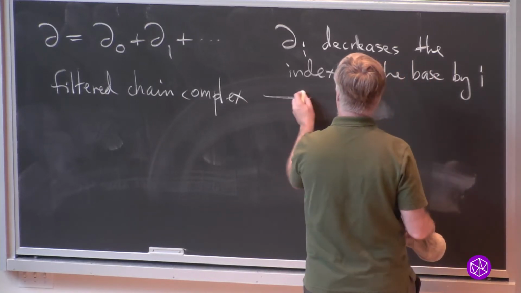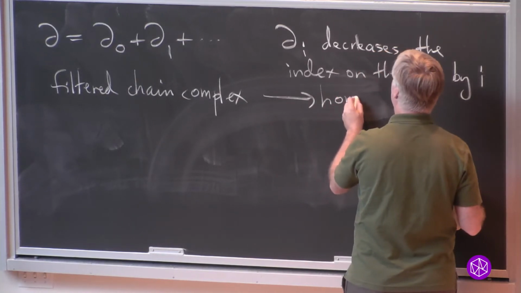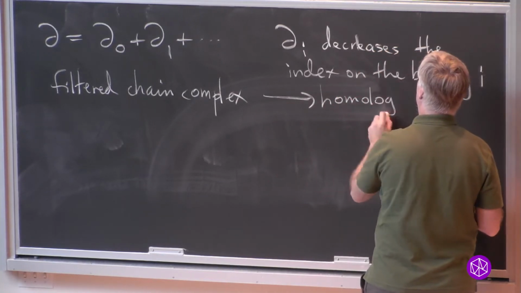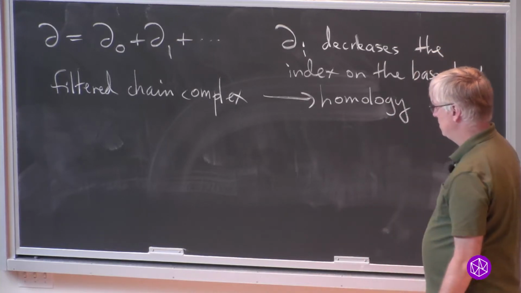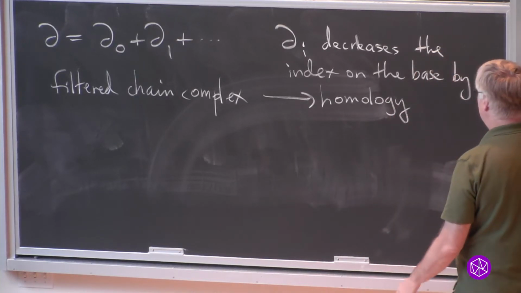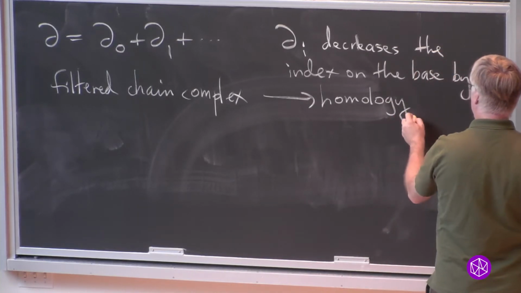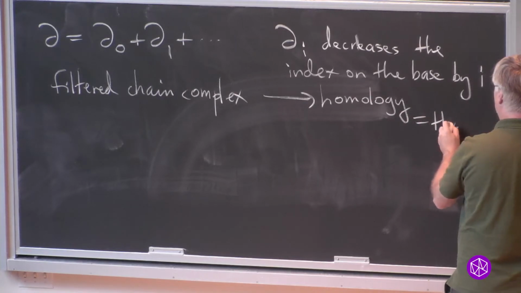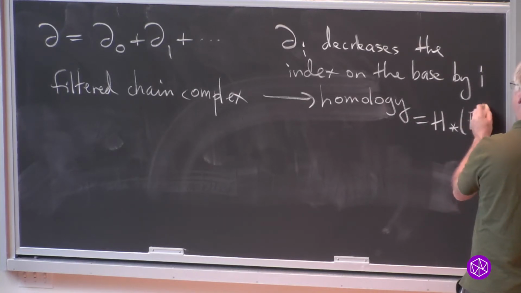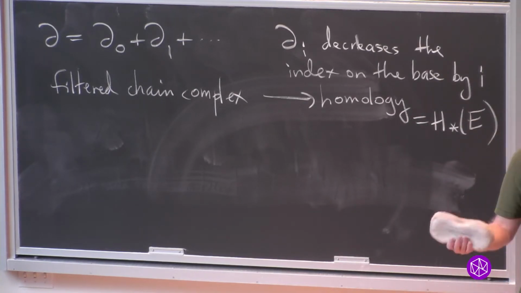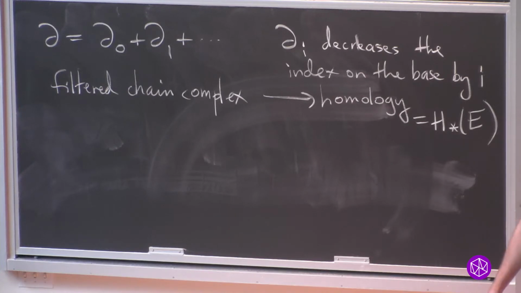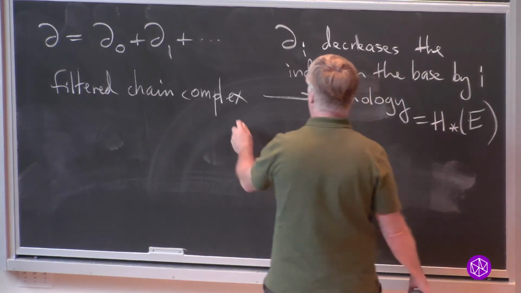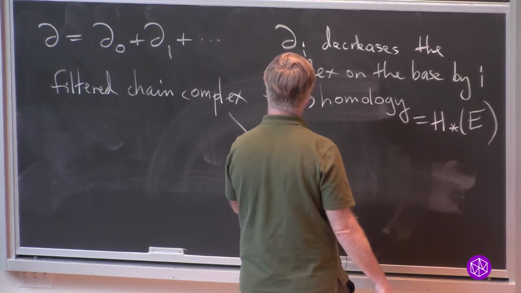Well, you could just take the homology of the whole thing, and if you do that, you're going to get the homology, in this case just the homology of the total space. Similarly to the isomorphism between Morse homology and singular homology, you can also get a spectral sequence.